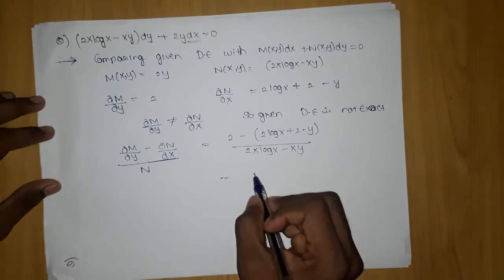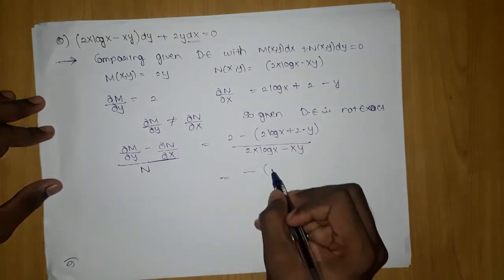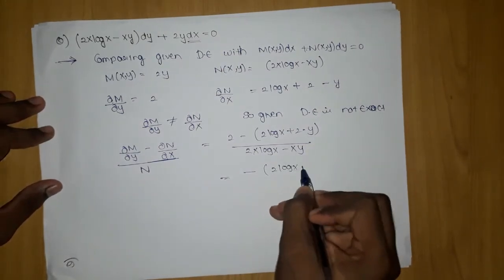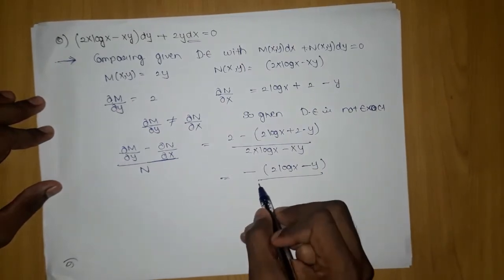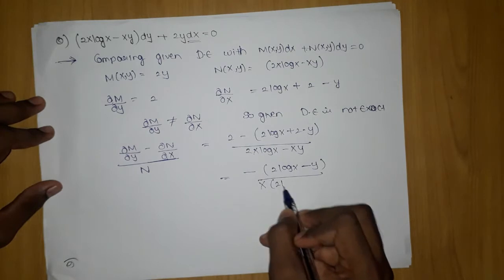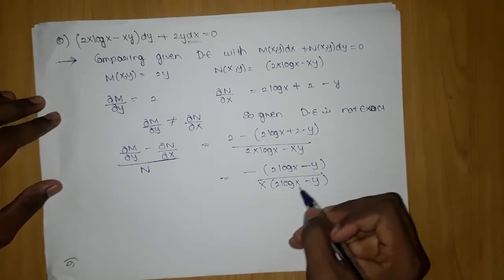Taking the minus outside, everything else is the same: 2 log x minus y in both. The moment you do that, you can clearly see both are the same.